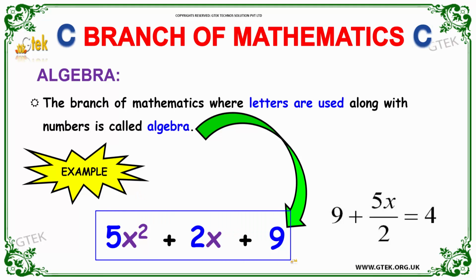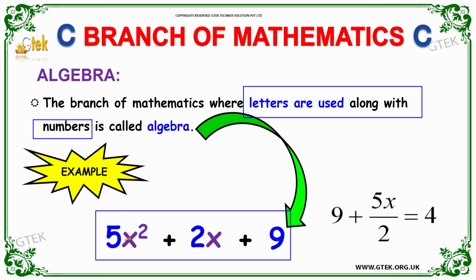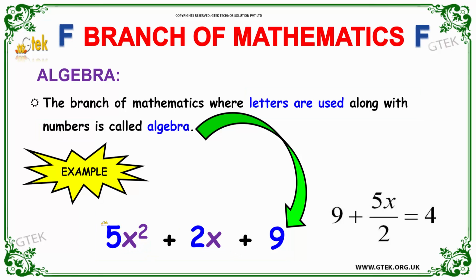As we see in the definition, we have the letters that are used along with the numbers. So we have the letters, that is x square, x, along with the numbers, that is 5, 2, 9. So this is the branch that deals with letters and numbers, called algebra.